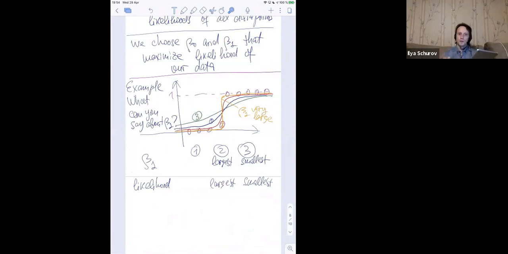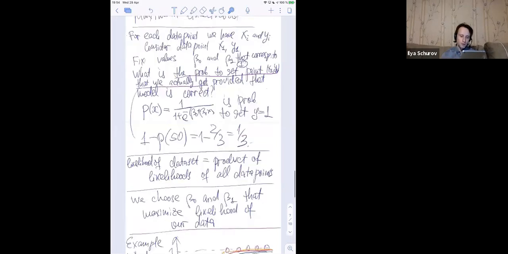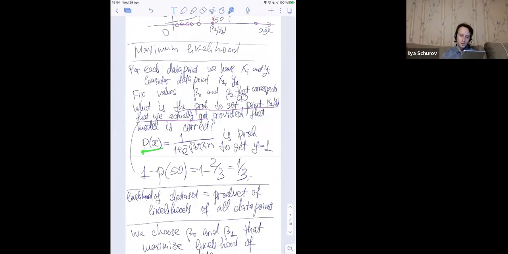It doesn't mean that we recovered true probabilities, because we have very strong assumptions about this function p of x. We say that p of x is in this form. In fact, it can be true, but most probably it is not true, because this is just some mathematical expression, and we really don't have any idea why this formula should be correct in reality.